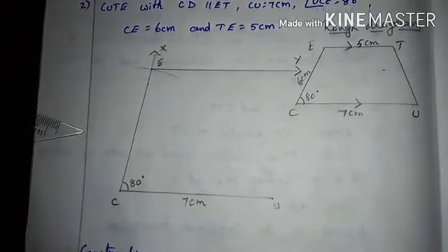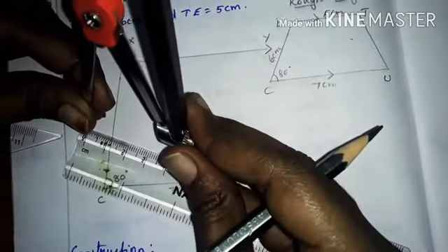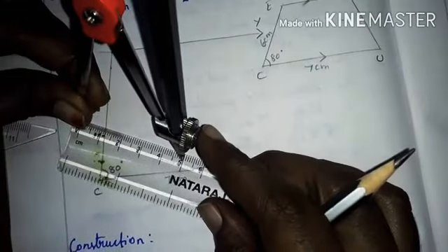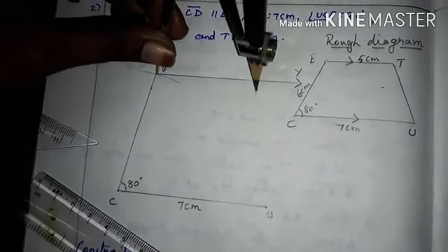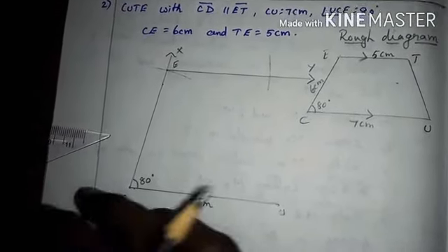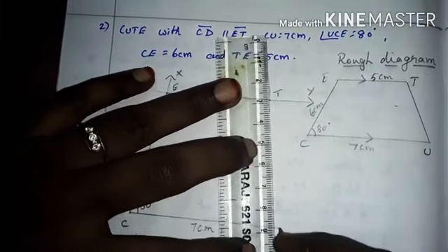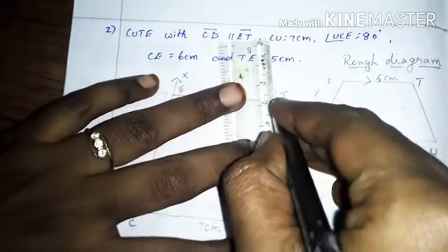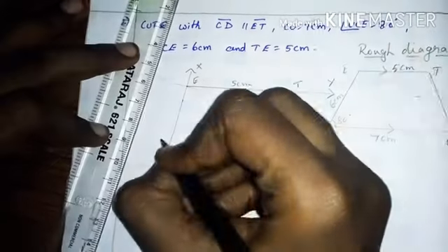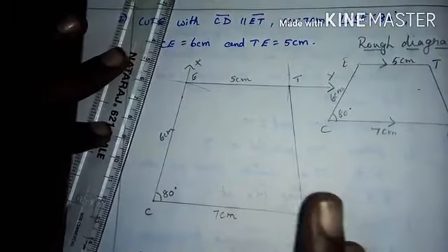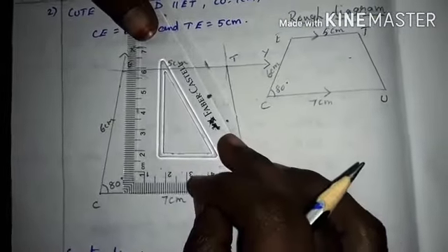Then take the next measurement of 5 centimeter in the compass. From E, cut an arc on EY at T. Join U and T. Now CUTE is the required trapezium with the given measurements. After finishing constructing this, you have to draw the perpendicular line to find the height.